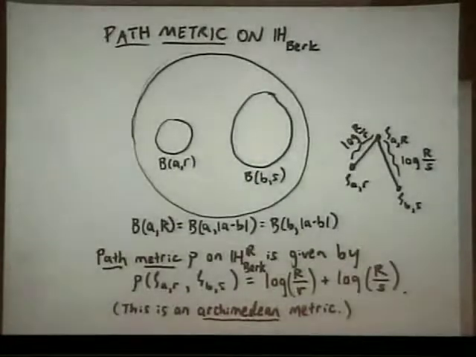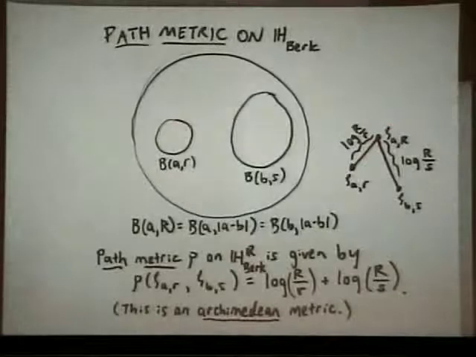And so the path metric, the distance between the corresponding points of Berkovich space, is just the log of capital R over little r plus the log of capital R over little s. So you go up from here to this big disk and back down to here. And each of these 2 paths has a length equal to the log of the ratio of the radii.